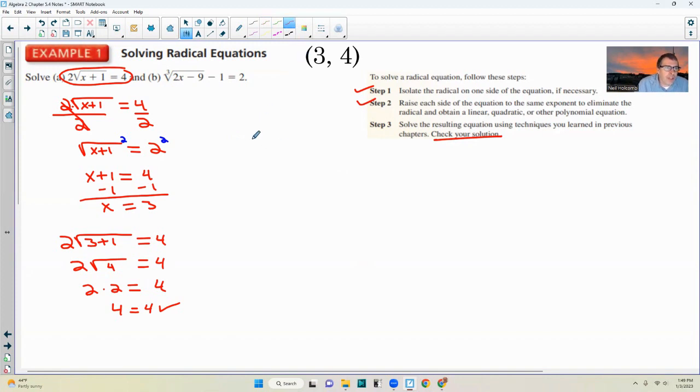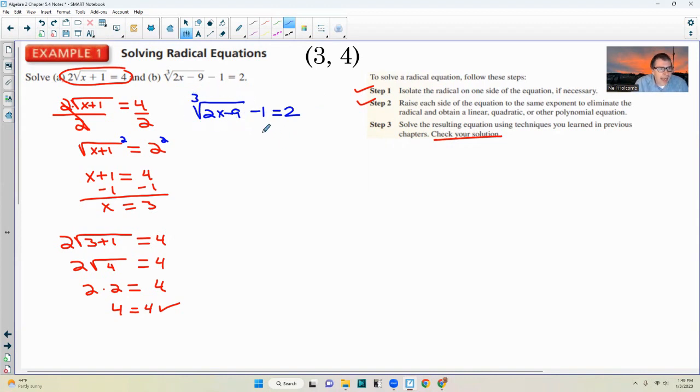So now let's try it one more time with b. The first thing I do is rewrite the problem. So it's the cube root of 2x minus 9, and don't forget that index is 3 this time, minus 1 is outside the radical, and that equals 2. The first step is to isolate the radical. In other words, get this radical right here by itself.